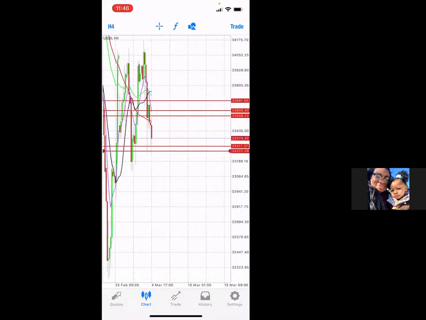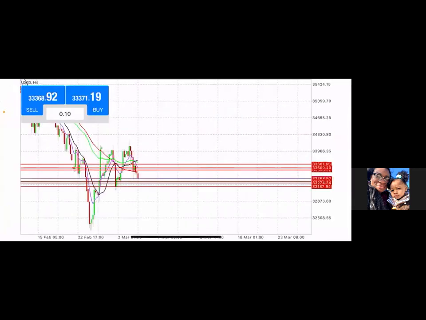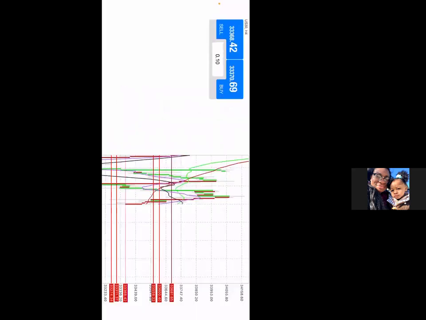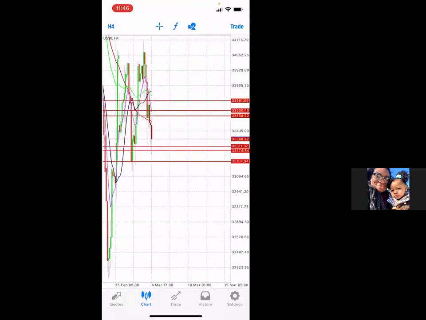Alrighty. Then we do the same exact thing. One in the middle, one on the bottom. Okay, now does everybody see this trade level right here that it crosses in the middle?